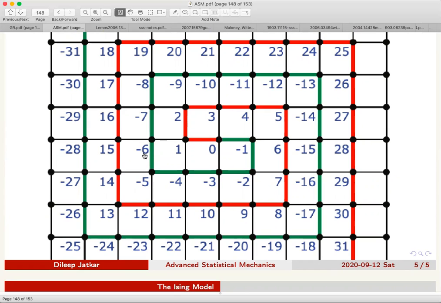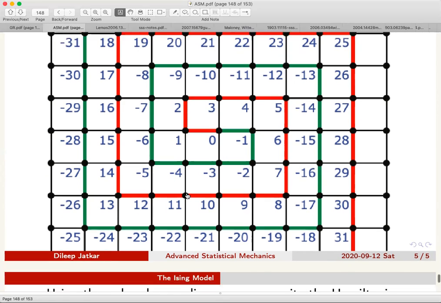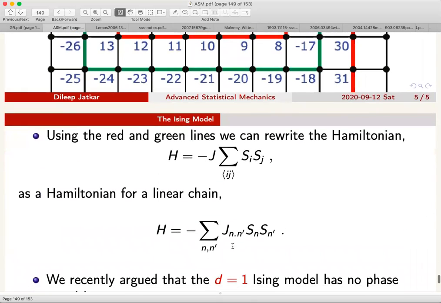The distance between this pair is 7, the distance between the other pair is also 7, but while one has interaction, the other doesn't. So there is no clear-cut statement about translation invariance in this interaction.